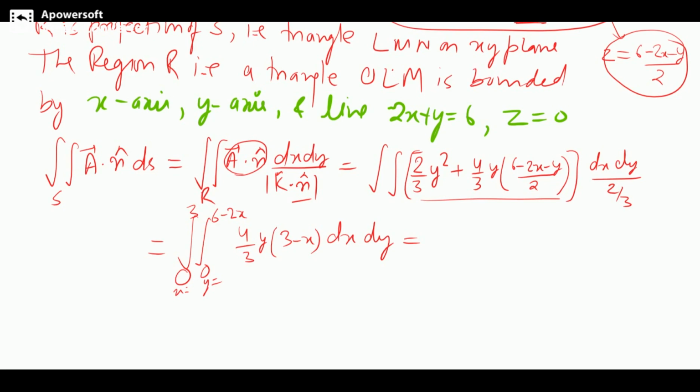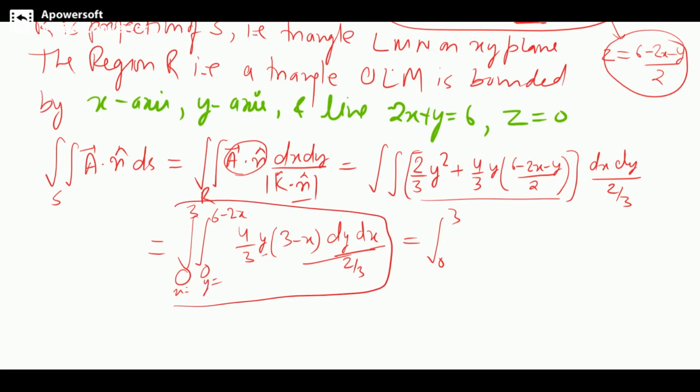So we take the integral with respect to y and then x. Treating x as a constant, we get 4 by 3. Now you can easily evaluate that integral, using the double integration from the previous chapters. So the integral is 2y (3 minus x) dy dx.